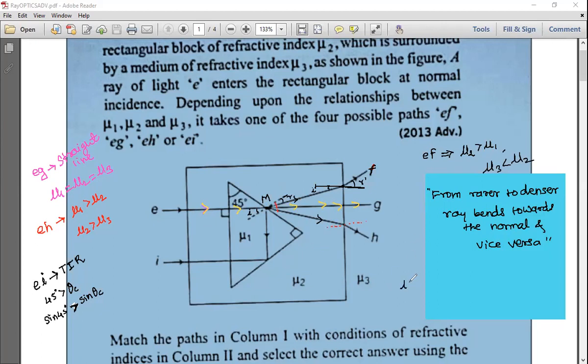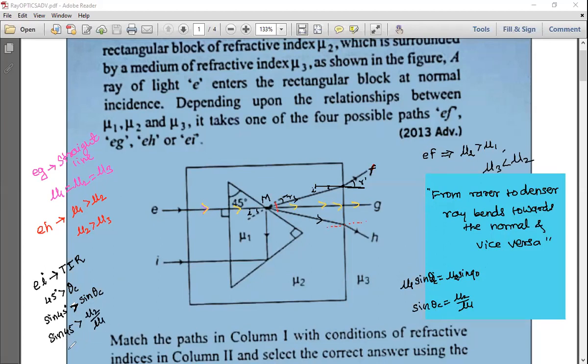This is the condition for the critical angle, and this i is nothing but theta c here. Then sine of theta c is equal to mu2 by mu1. This condition we have already learned. So can I substitute this value in place of sine theta c? Sine of 45 is greater than mu2 by mu1.